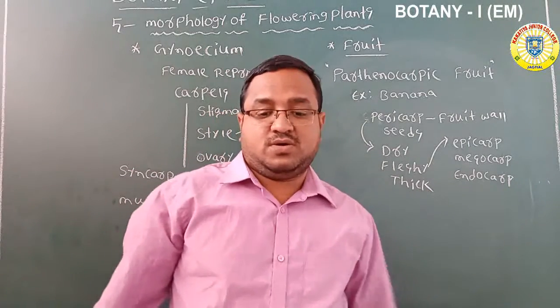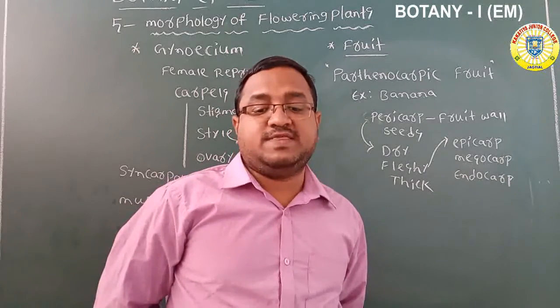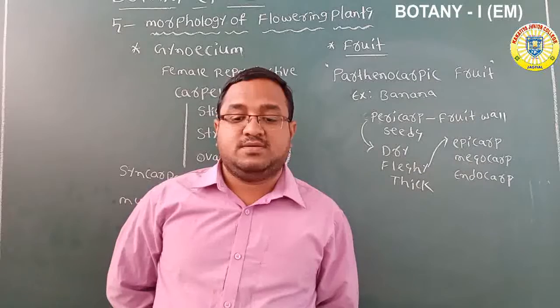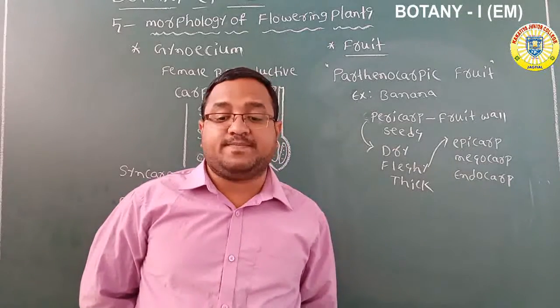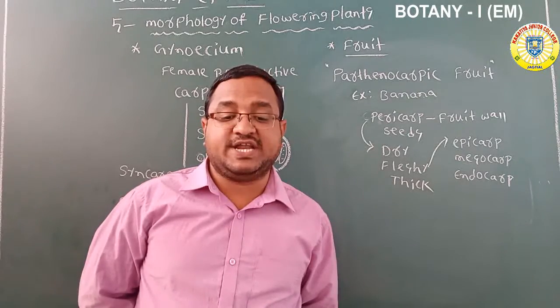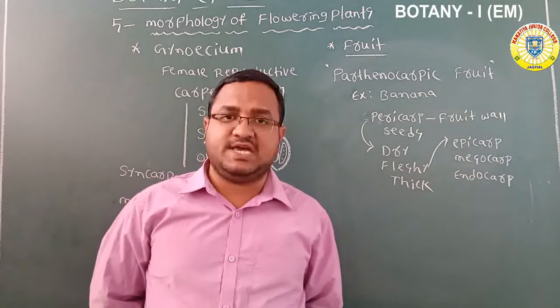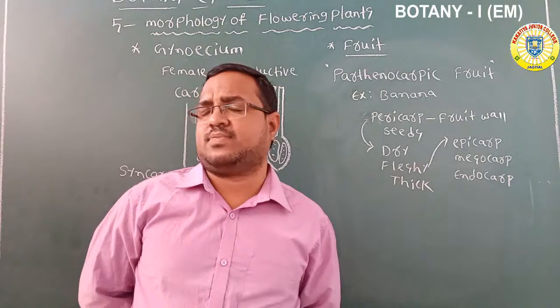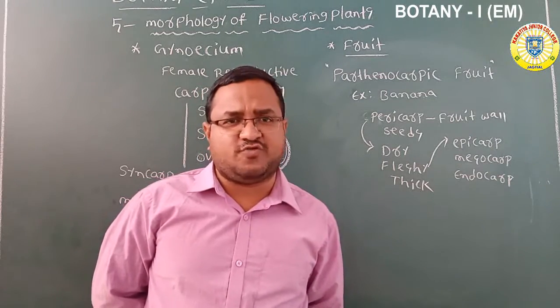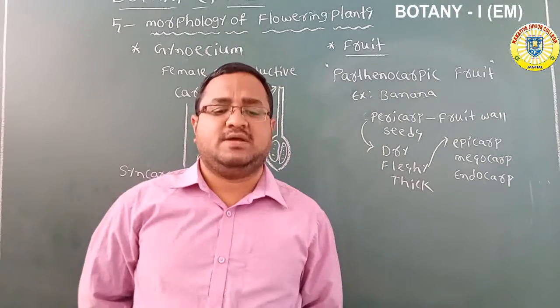So in most of the plants, the fruit develops from the ovary and the other floral parts degenerate, meaning fall off. Generally calyx, corolla, stamens fall off. Only the ovary is converted into fruit, and ovules are converted into seed. This is common.